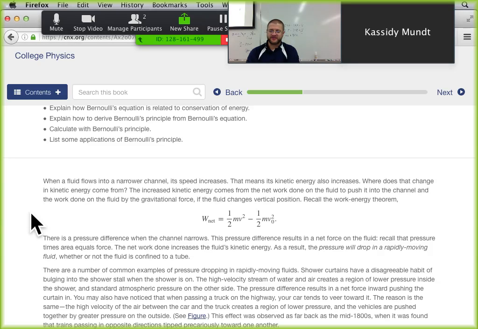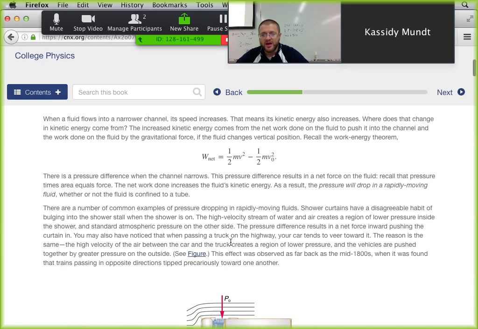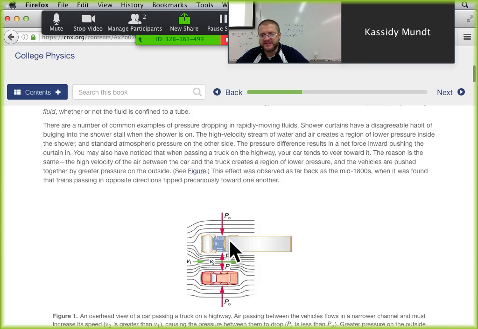So it turns out that conservation of energy is also something that is involved with liquids. Remember when we were doing conservation of energy, we had the net work is equal to change in kinetic energy. But in fluids, there's another thing going on.